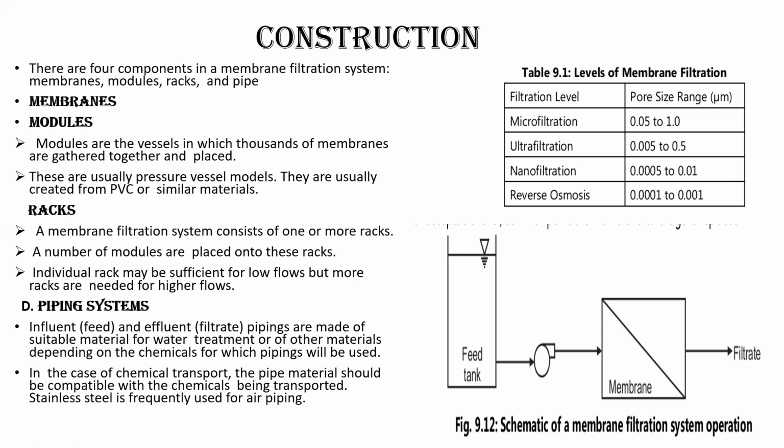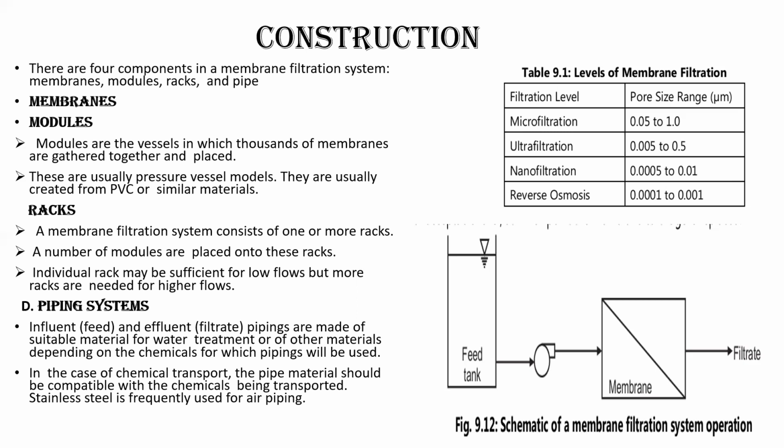Which type of pipe is used depends on the feed. For example, if the chemicals are highly corrosive, the pipe type will depend upon these chemicals.